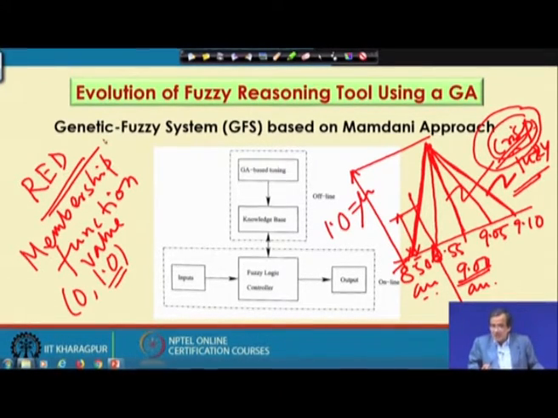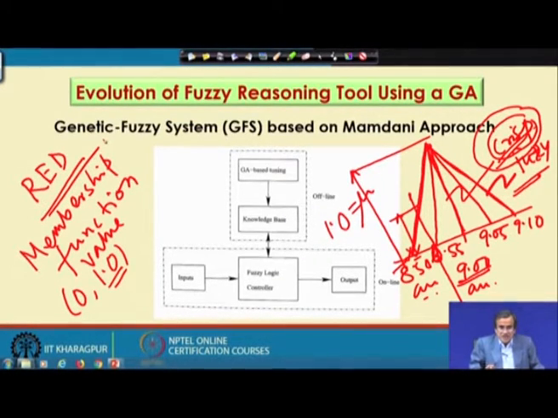Now, using the concept of fuzzy sets, if you see the literature, a large number of problems of different types have been solved. These problems are, for example, how to design and develop your fuzzy reasoning tool to establish the input output relationship of a process, and we also use it to solve some other real world problems.